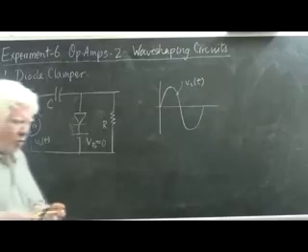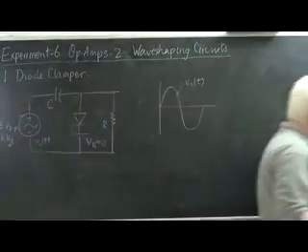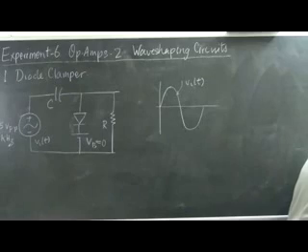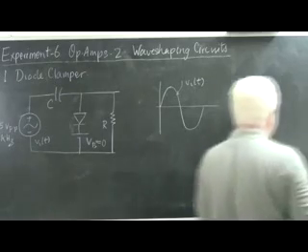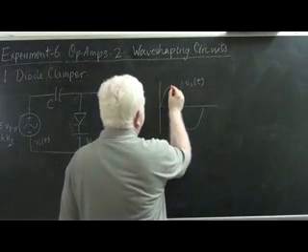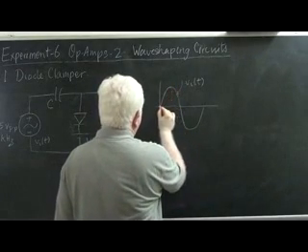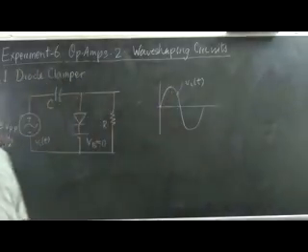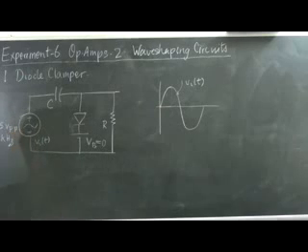In the meantime, what we observe at the output is the following. We observe that until this point, the output has no voltage. The output has no voltage because the capacitor voltage and the supply voltage cancel each other.